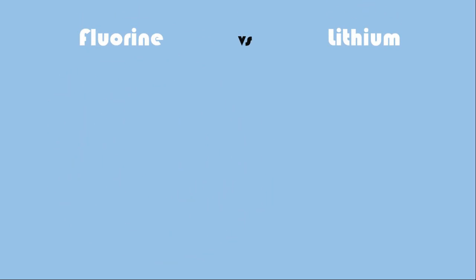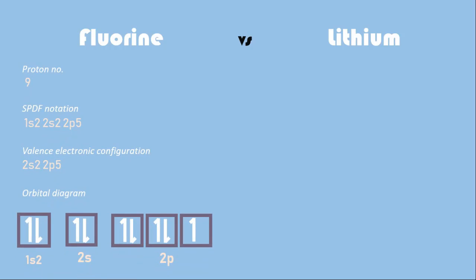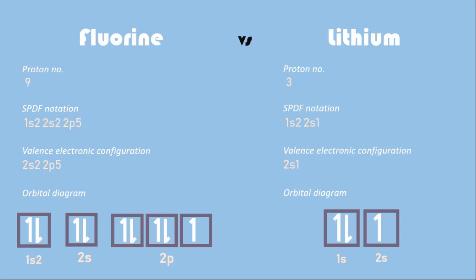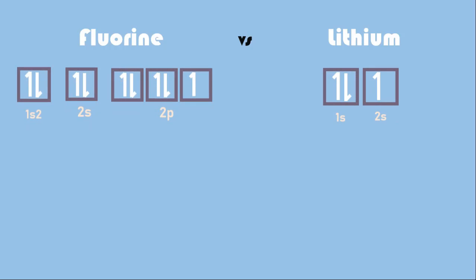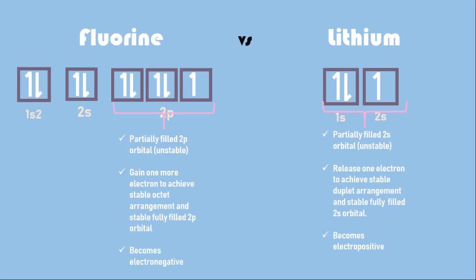Let's compare between fluorine and lithium. Lithium, with the electronic configuration of 1s2, 2s1, has one unpaired electron in 2s orbital, which tends to be released to form stable duplet arrangement and form a fully filled 1s orbital.